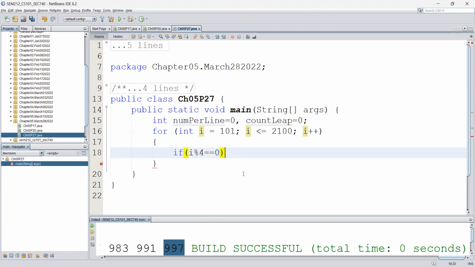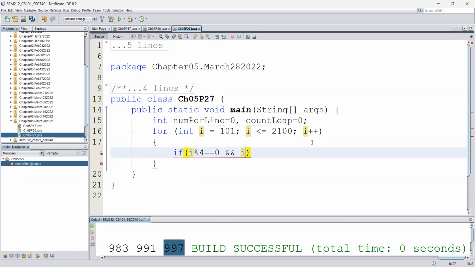All right. So we are saying that it should be divisible by 4. 4 or 2, sir? Pardon? 4 or 2? 4, not 2.